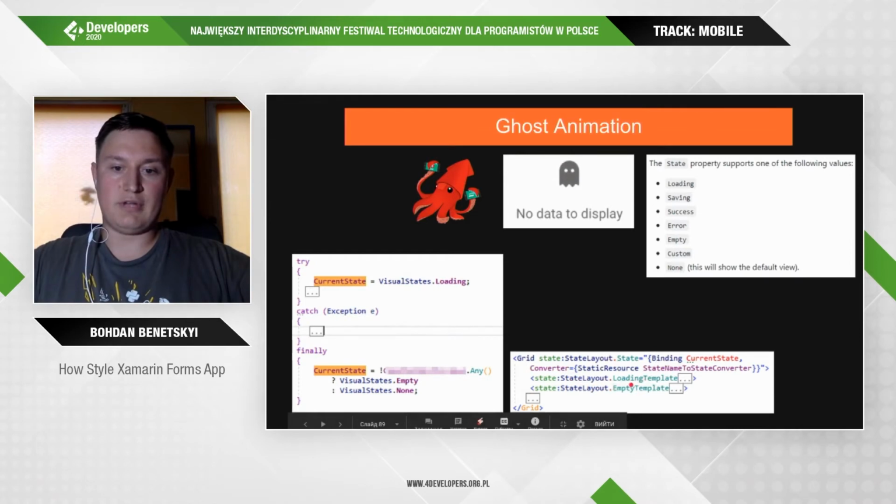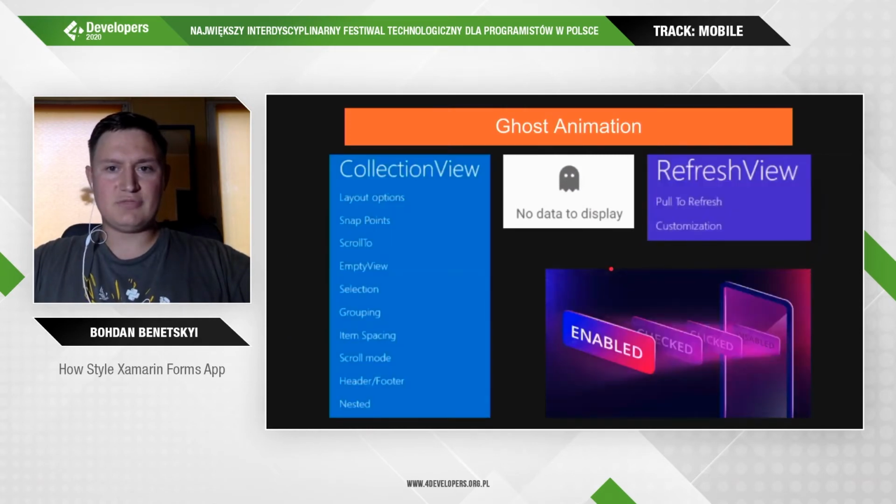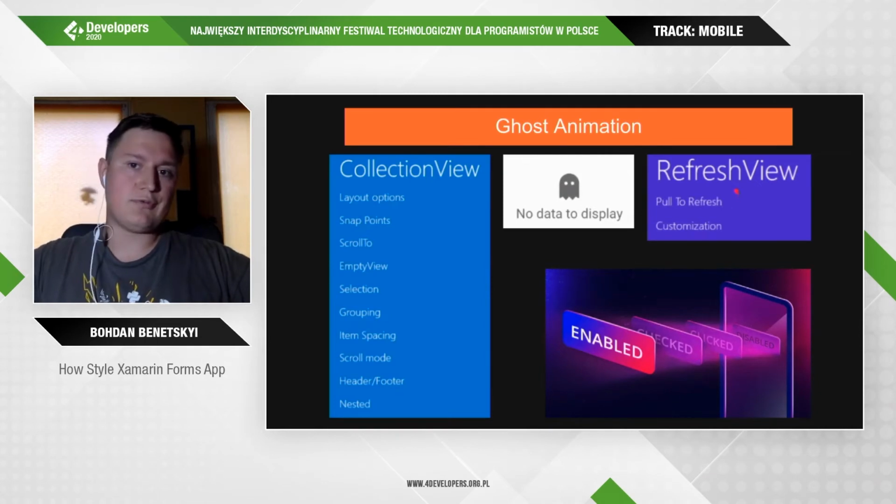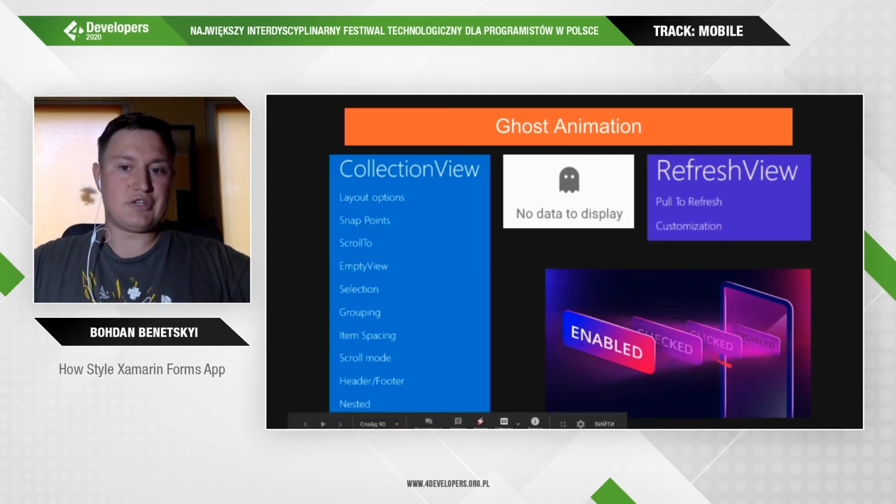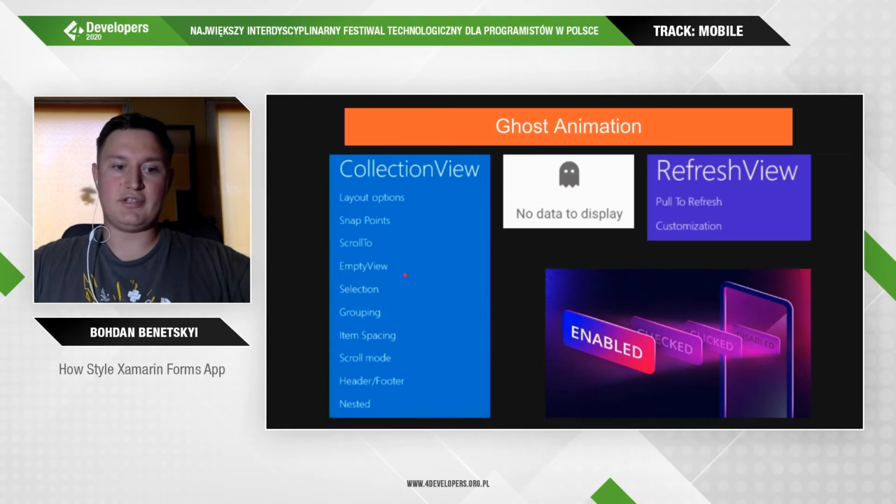Here, for example, for loading and empty templates, you already see this animation. But with newer Xamarin Forms, we could go just with RefreshView, where we have pull to refresh. I already showed you some triggers with the state manager, and CollectionView with its own empty view template that you could use.